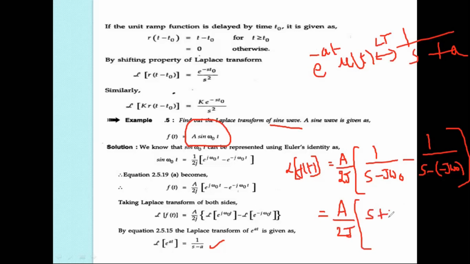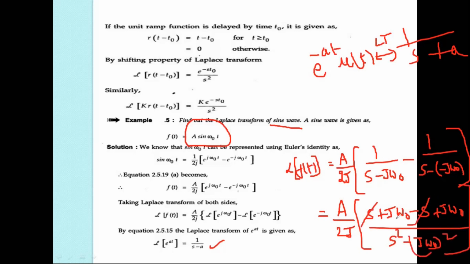So s plus j omega naught minus s minus j omega naught becomes 2j omega naught, whole divided by a plus b into a minus b, s square minus j omega naught whole square. Now s and s get cancelled. j omega naught and j omega naught is 2j omega naught. 2j also gets cancelled here. In the numerator, we have only omega naught.